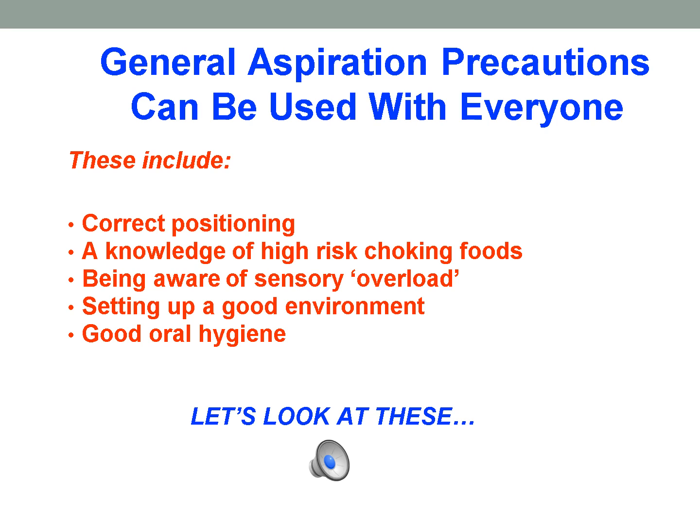You need to have a knowledge of high risk choking foods. I'm going to go over that in a little bit. You need to be aware of sensory overload. You need to set up a good environment for meals and snacks. Everybody wants to have a good environment when they eat. And good oral hygiene is very, very important. Let's look at these things.